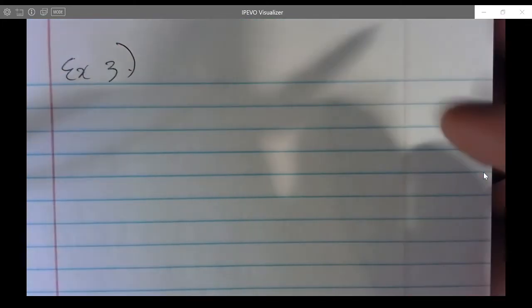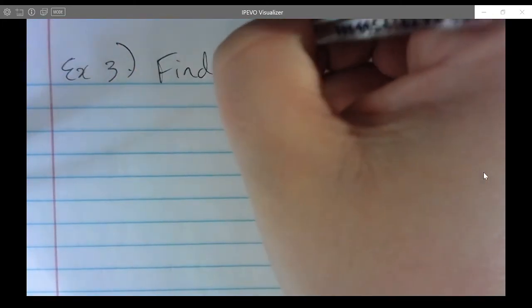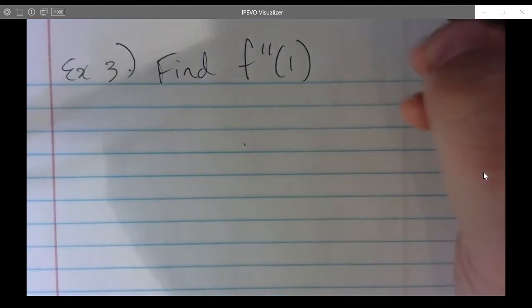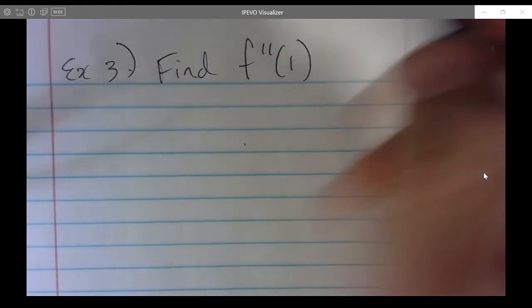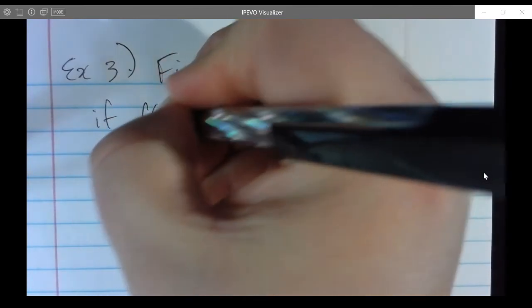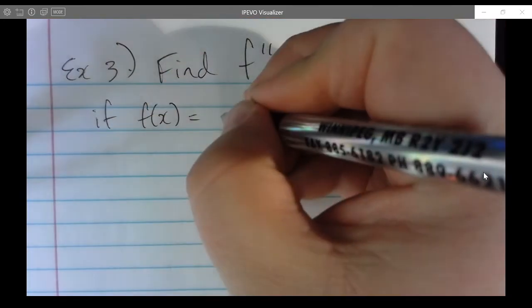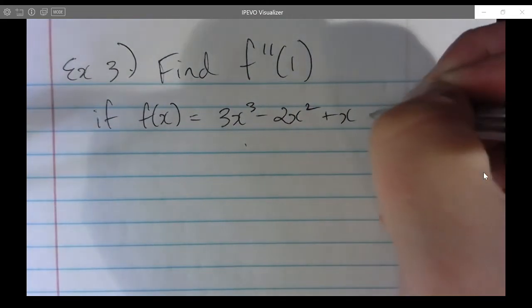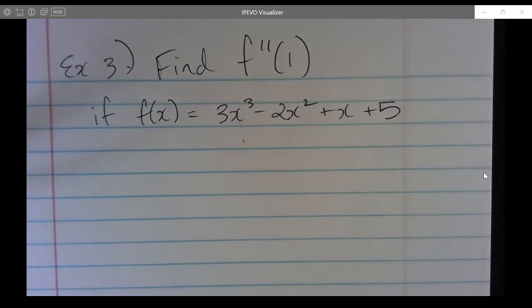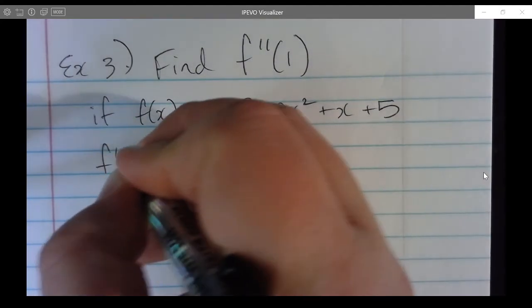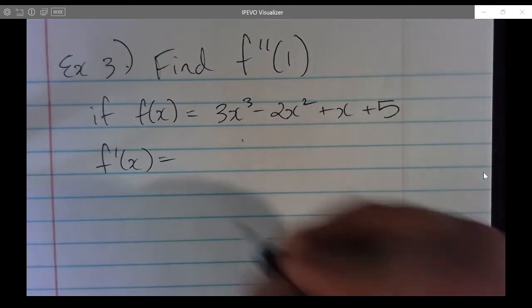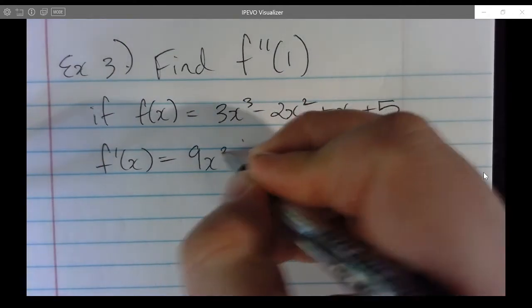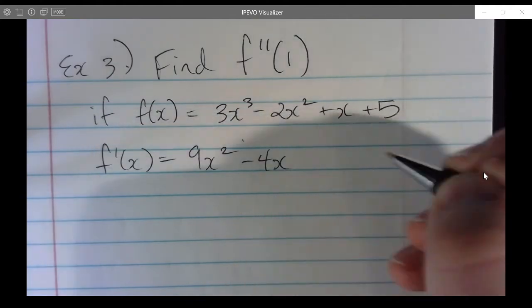Example 3. Find f double prime of 1 if f of x is equal to 3x cubed minus 2x squared plus x plus 5. Okay, so first I'm going to have to find f prime of x, and f prime of x is going to be 9x squared minus 4x plus 1.